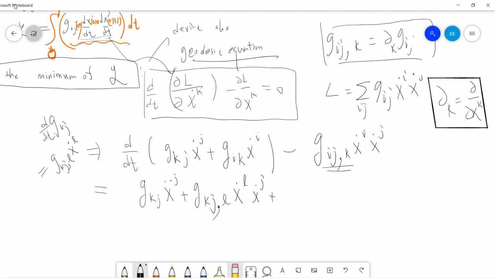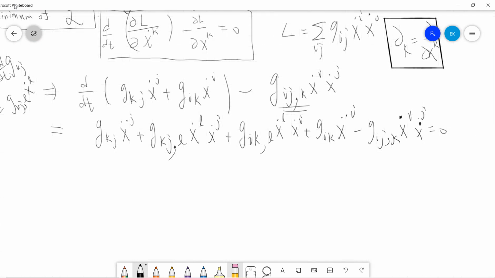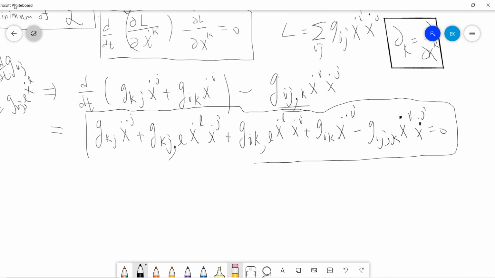So it's g_ik l x dot l x dot i plus g_ik x double dot i, minus g_ijk x dot i x dot j equals 0. One reason I want to make this video is because the geodesic equation is tedious. There are many stupid symbols that we need to figure out.